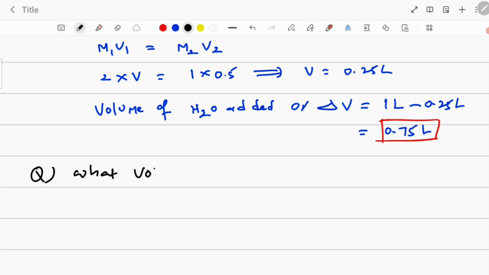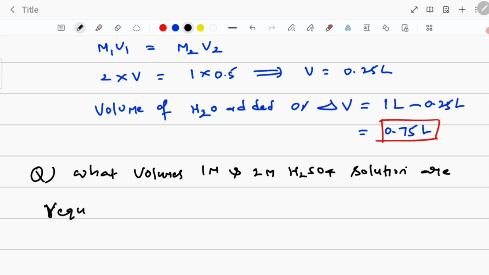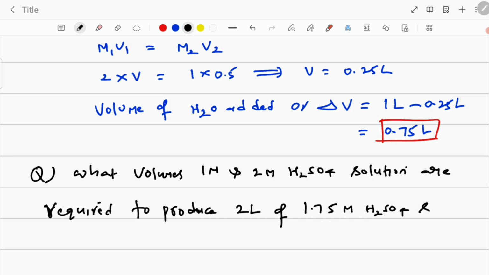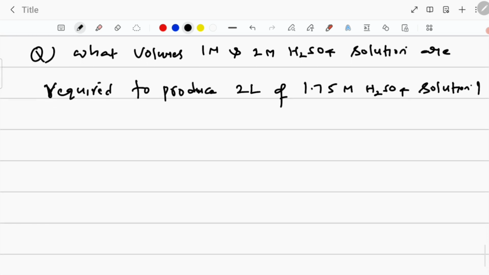See here. What volumes of 1 molar and 2 molar H2SO4 solution are required to produce 2 liters of 1.75 molar H2SO4 solution?